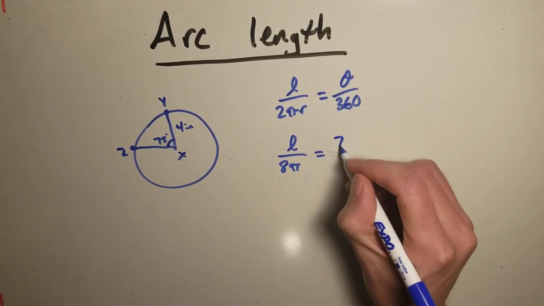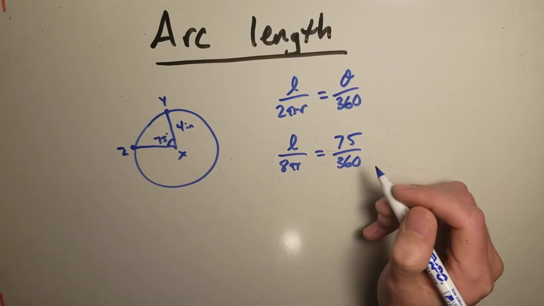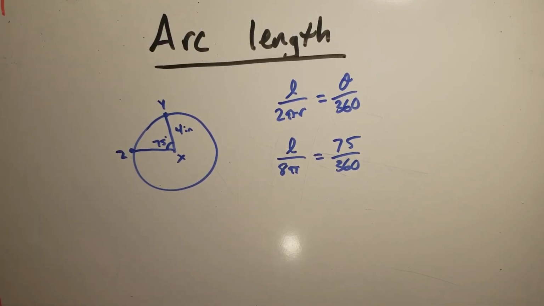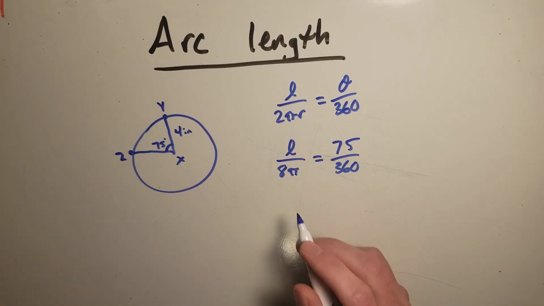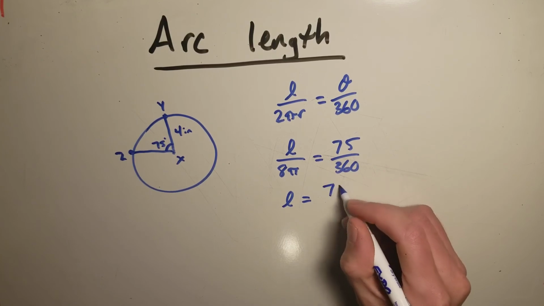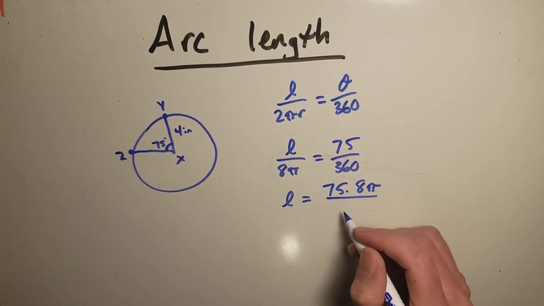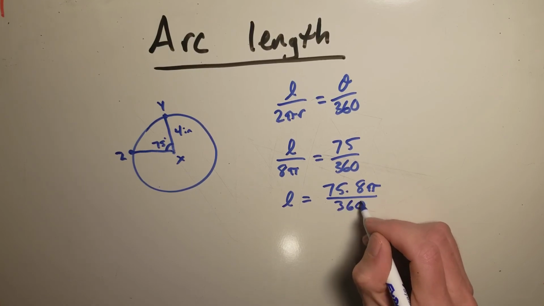Our angle is 75 over 360. So we can go ahead and multiply both sides by 8 pi. We're going to end up with an answer as a decimal here. We'll round to the nearest tenth.